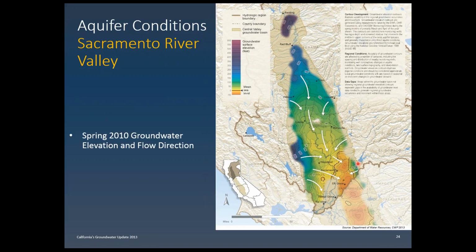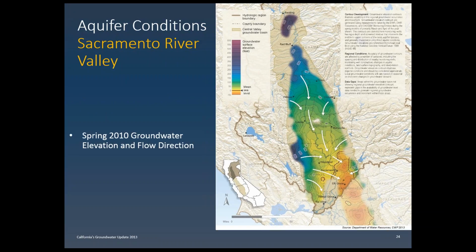And this is the spring 2010 groundwater elevation and our interpretation of flow directions of the groundwater in those areas in this valley. The levels decrease to near or at sea level below the Sutter Buttes, with large depressions on the east and south of the city of Sacramento.